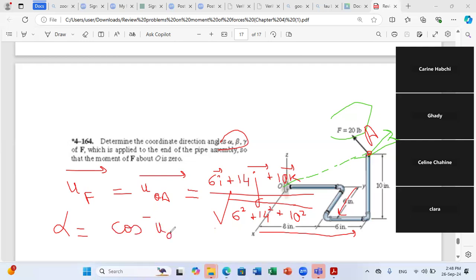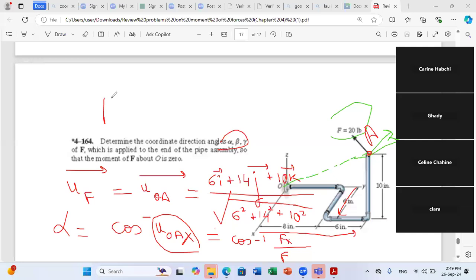Or the second approach is to say that alpha also is cosine minus 1 of Fx over F. But you already have Fx over F, it's the unit vector. Why do you want an additional step? Since you already have the unit vector in x, no need to find Fx and then divide by the magnitude. Okay?